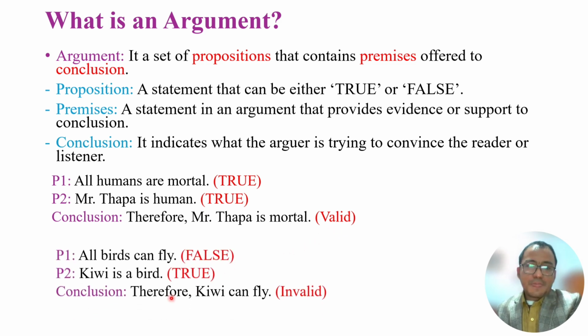The next: the first premise P1, all birds can fly. Some of them may not or cannot fly, so it is false. P2: kiwi is a bird. It's true. Now as a conclusion, therefore kiwi can fly.